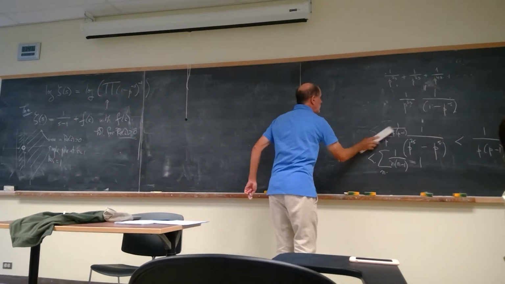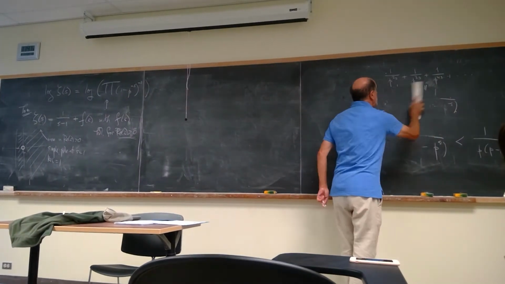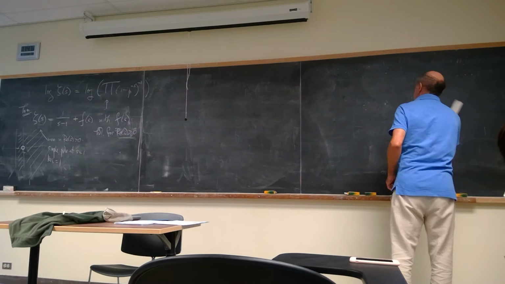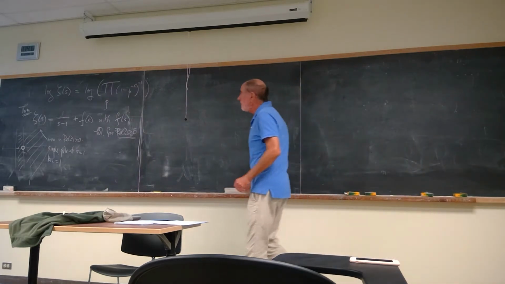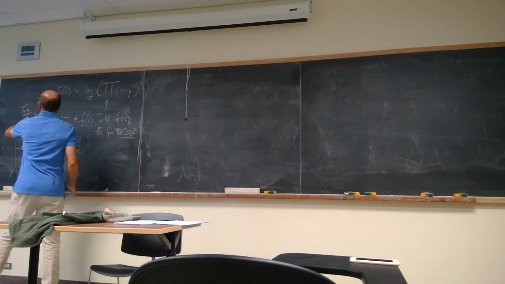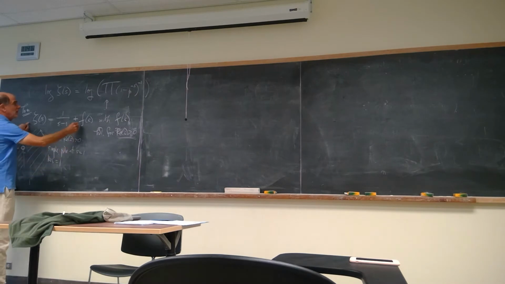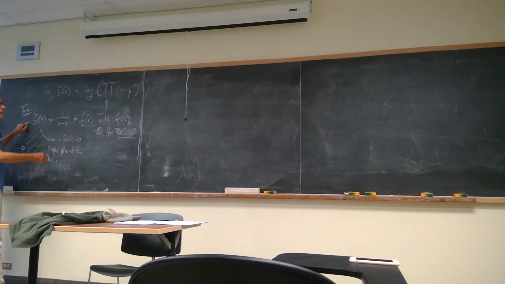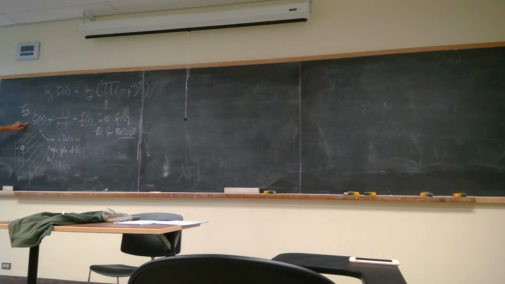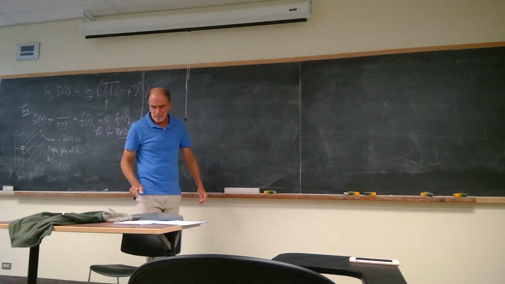But since we're doing the sum of 1 over p, we might as well see how fast it diverges. And once you have this, then the log of the zeta function, well, the log of a holomorphic function is holomorphic if you pick a branch of a logarithm, and so it diverges like the log of this polar term. Okay, so how do we do this?